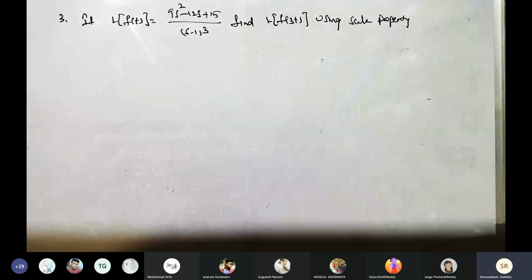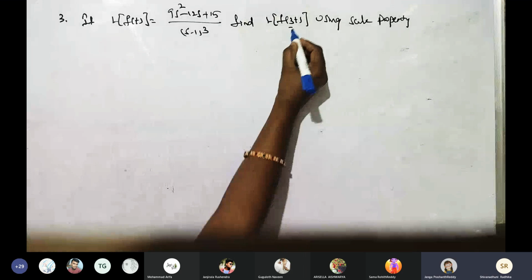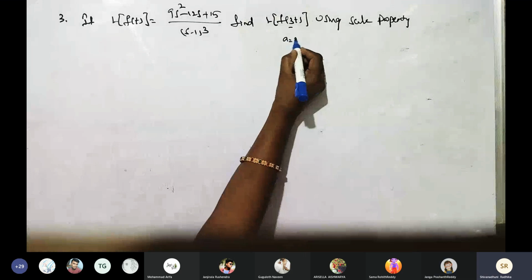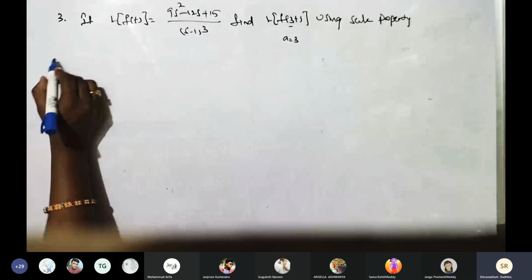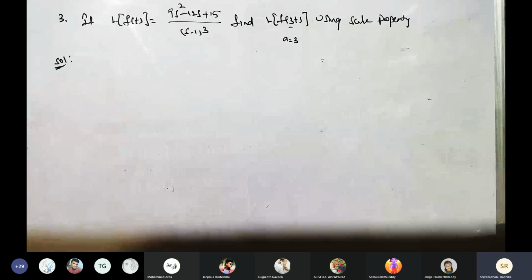Tell me what we need to substitute in the place of s in the f bar of s. What is the constant here? a equals 3. Right? Already we have the problem. What is L of f of t?